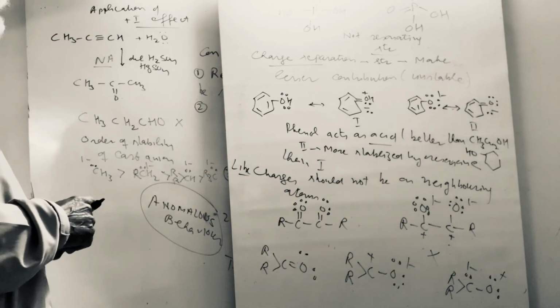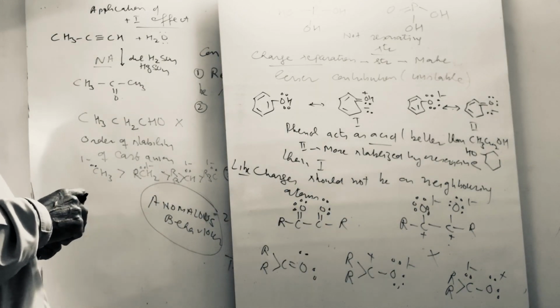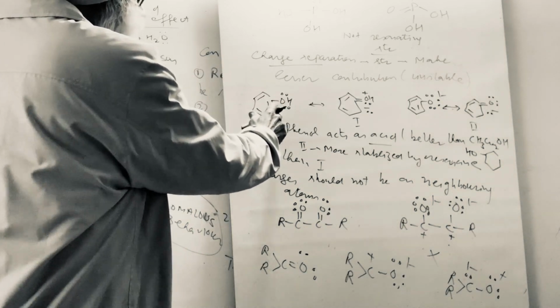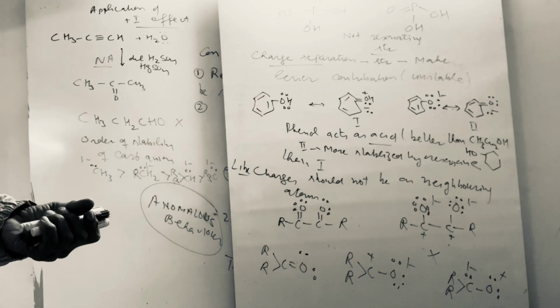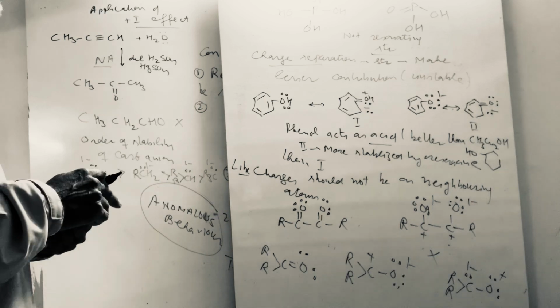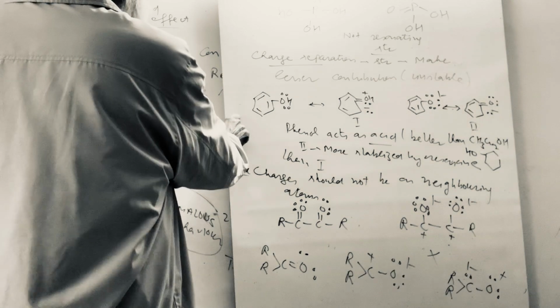Then continuing in the same fashion, if certain groups have an electron releasing effect, certain groups should have an electron withdrawing effect also. Let us see that and how it is affecting things. So let us continue in that direction.